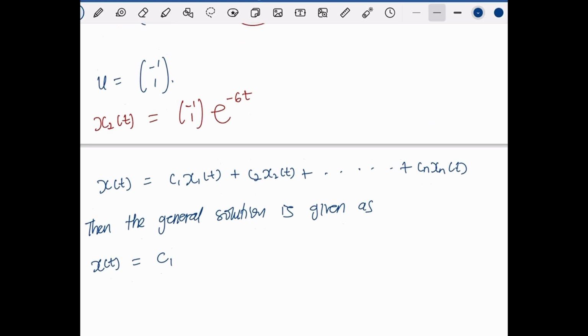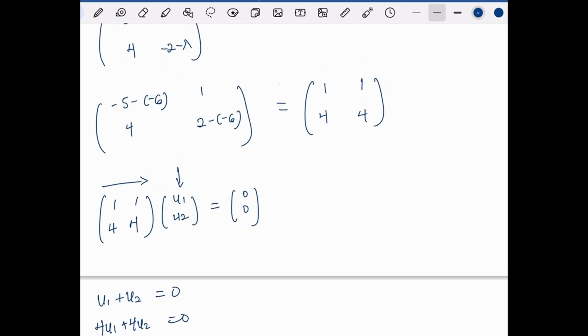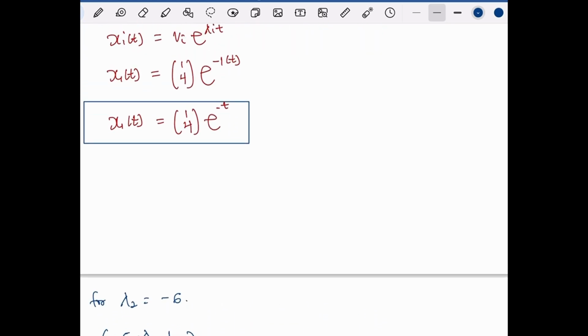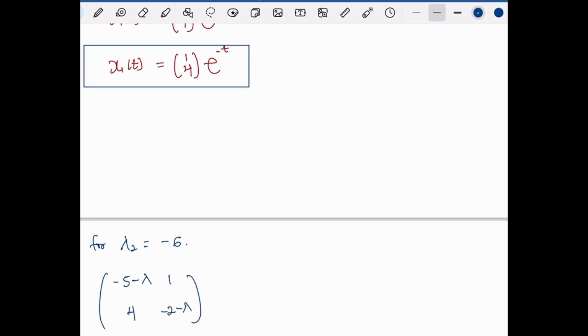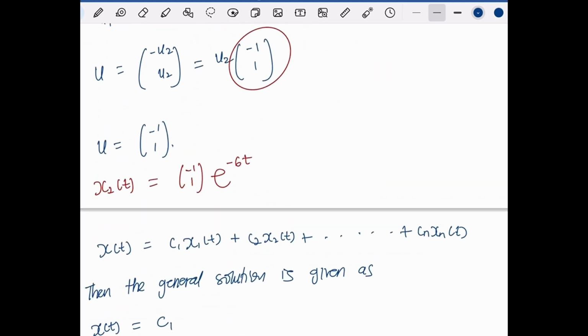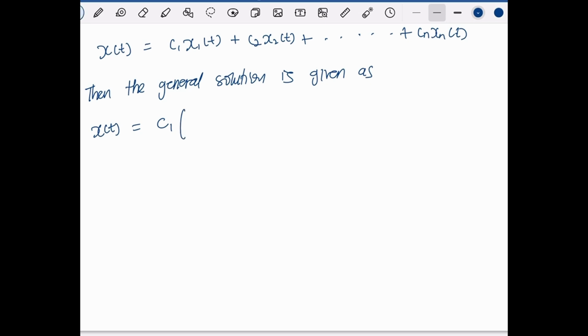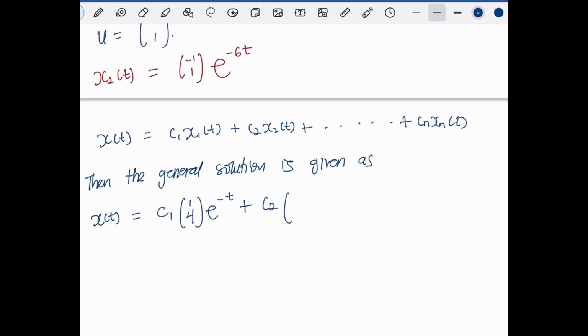What was x1? x1 was 1, 4 e to the minus t. So we are going to have 1, 4 e to the minus t plus a constant c2 times x2, that's minus 1, 1 e to the minus 6t.